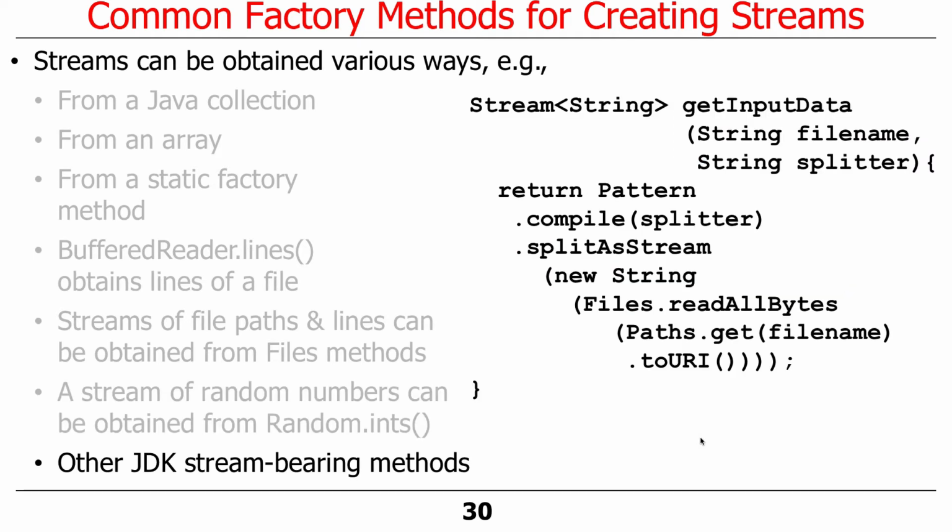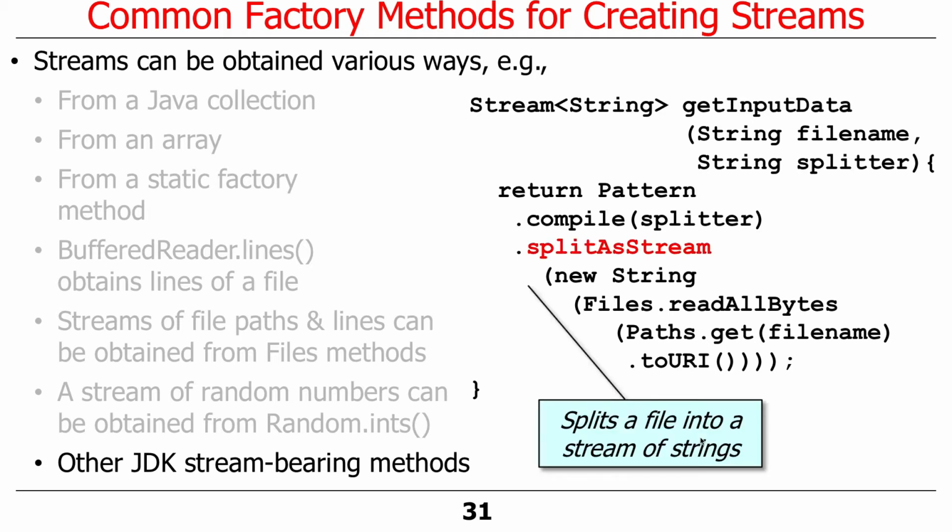There's a bunch of other stream-bearing methods that have been integrated into the JDK. For example, I've mentioned this one to you before. It's pretty cool. This is a way of making a regular expression that can be used to split something. In this particular case, we're going to give this split as stream method a new string that contains all the bytes in a file.